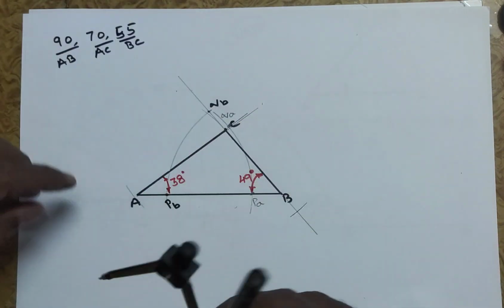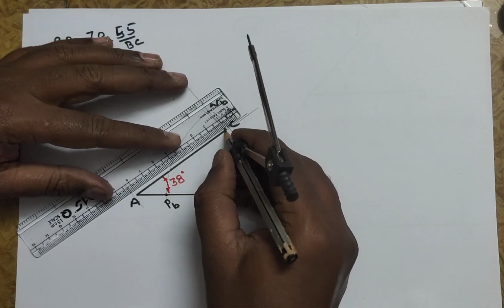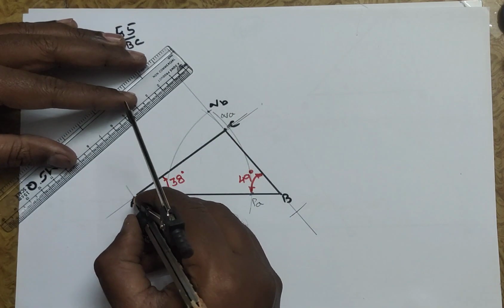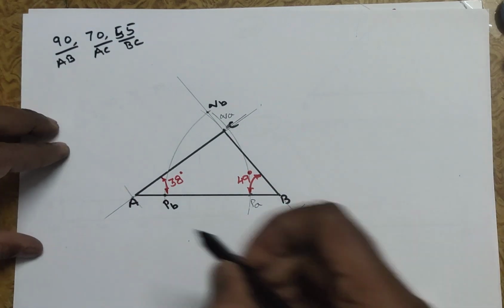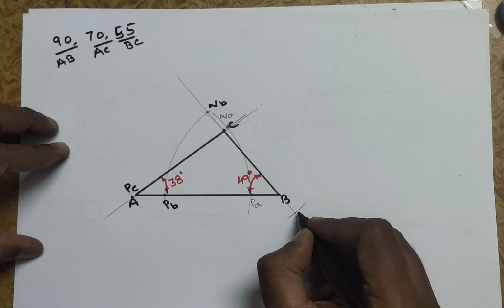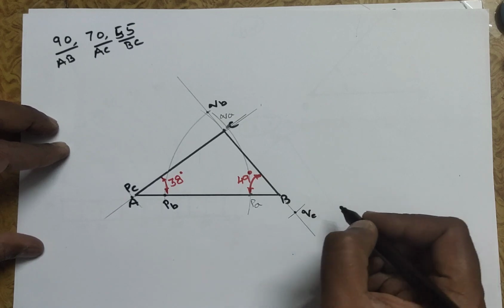Here we have to extend it because we got a little bit beyond. This point is going to be PC and this is QC.